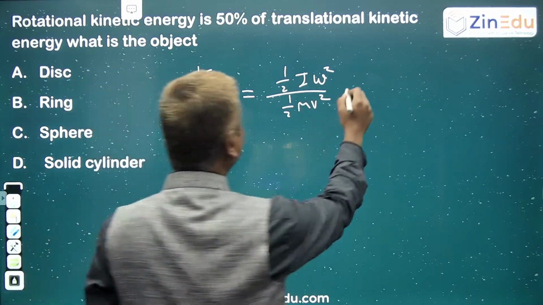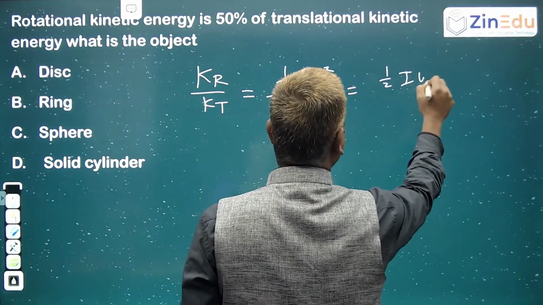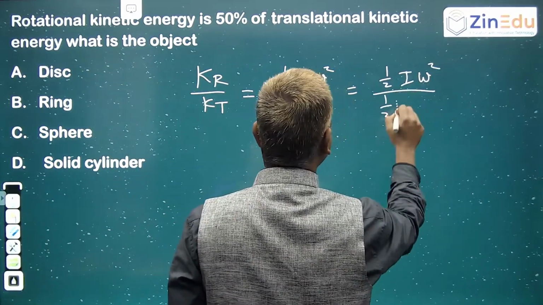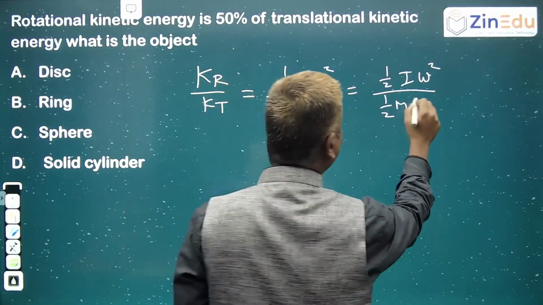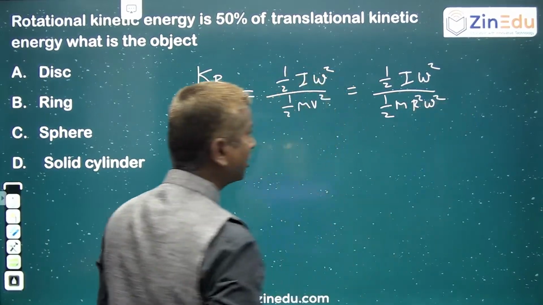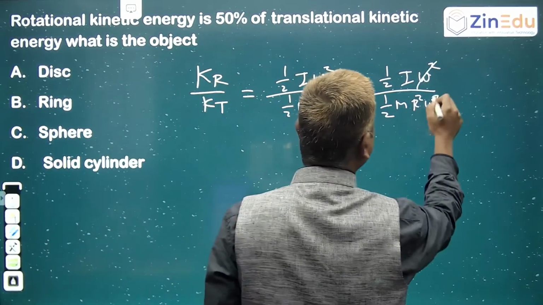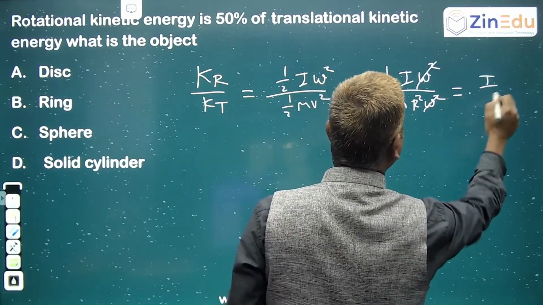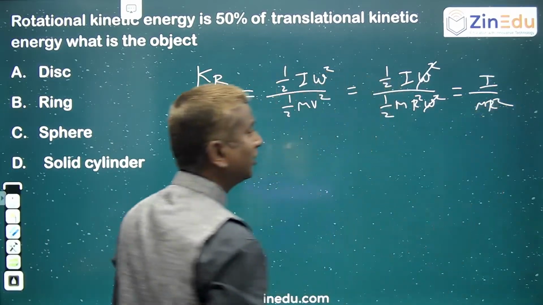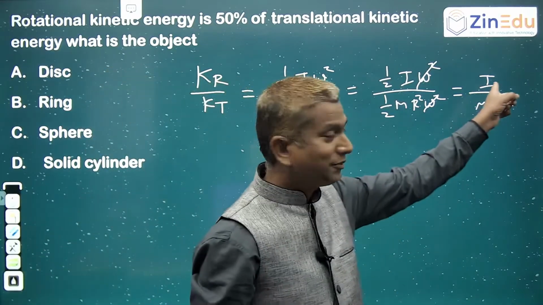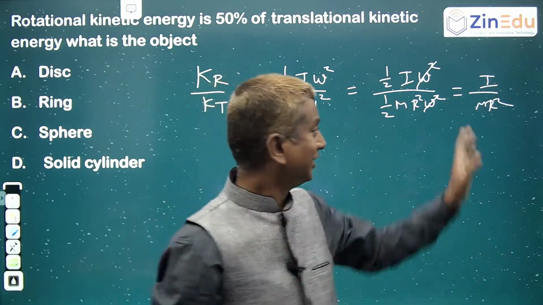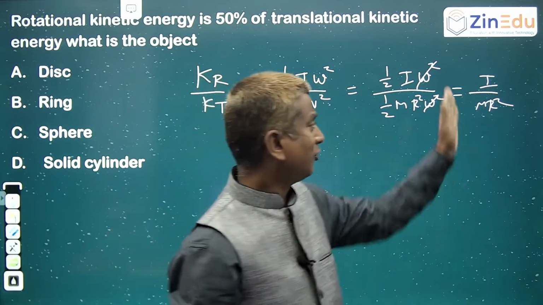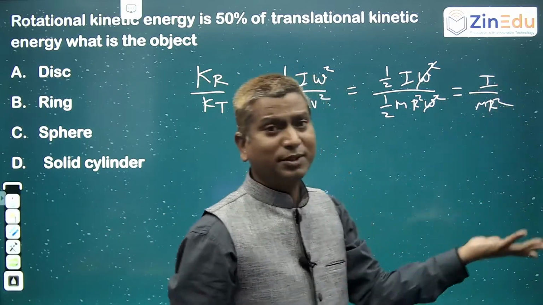So that gives you half I omega square by half m into V square, which is R square into omega square. Omega square is getting cancelled. So can I write I by m r square? Simply, whatever the moment of inertia you get, that is the fraction. Suppose it is a disk, 1 by 2 m r square by m r square, so it is simply 1 by 2.